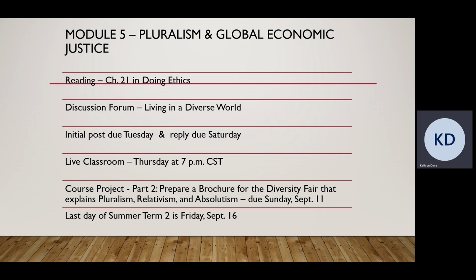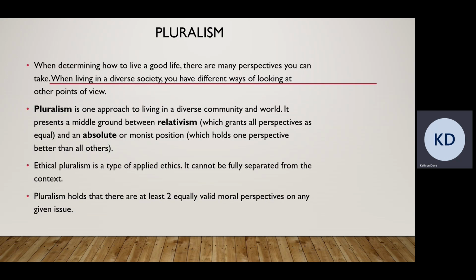Now let's talk about pluralism. Pluralism is one of our topics in Module 5. We will also discuss economic justice. In your Module 5 discussion forum, you're being asked whether pluralism or relativism would better help you live in a diverse society. You want to be sure that you understand the meaning of the term pluralism versus the meaning of the term relativism.